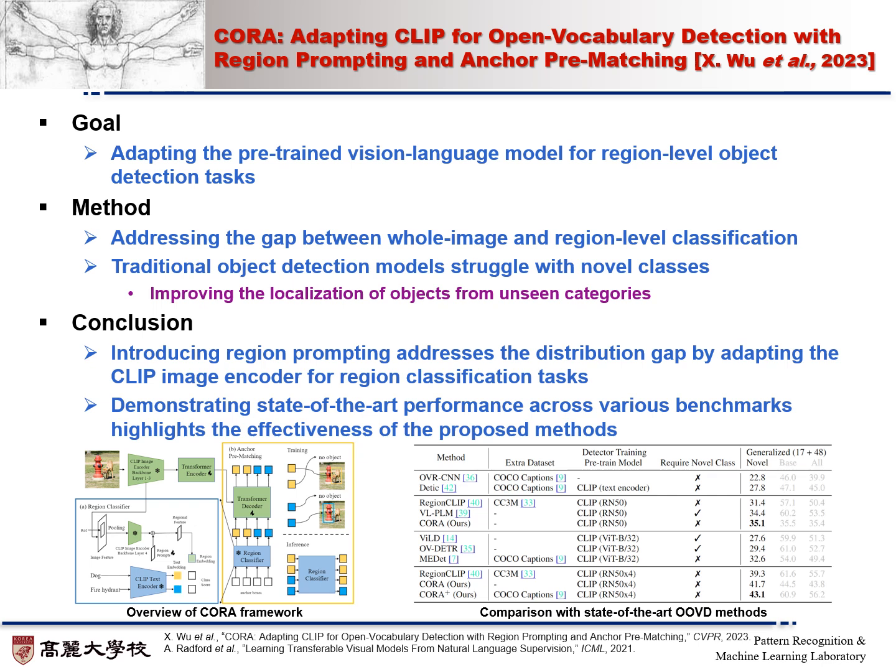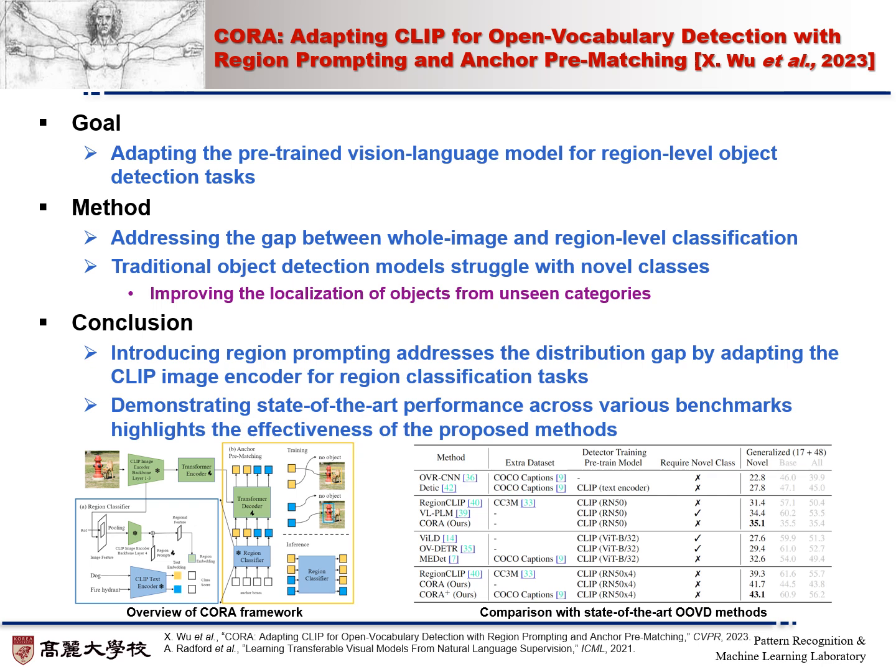They also improved the CLIP-based regional classifier by using the anchor pre-matching technique, which pre-matches the query and class embeddings of each object. It enabled simultaneous object location prediction and class recognition.